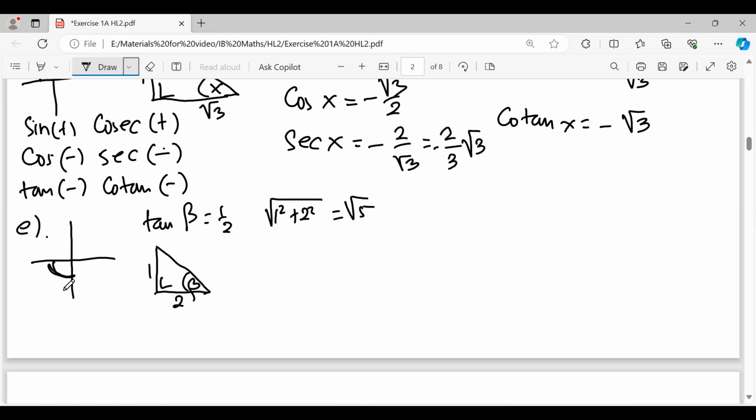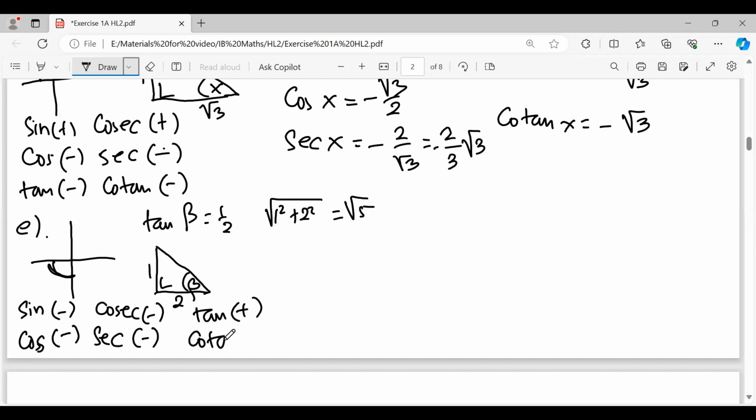And on this quadrant, sine is minus, cosine as well minus, okay, cosecant, of course, minus, secant minus, tangent positive, cotangent positive.